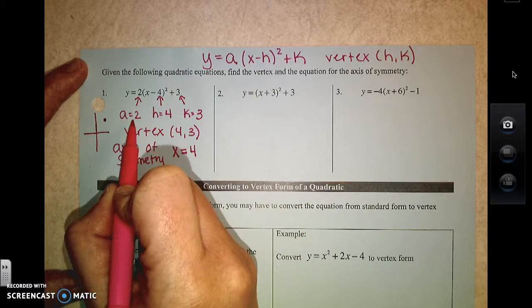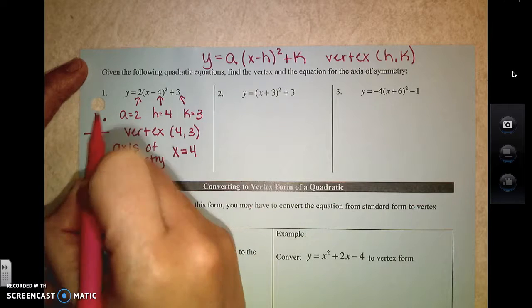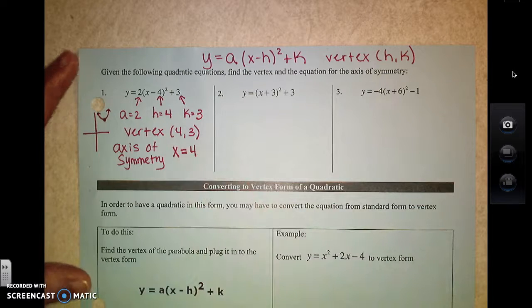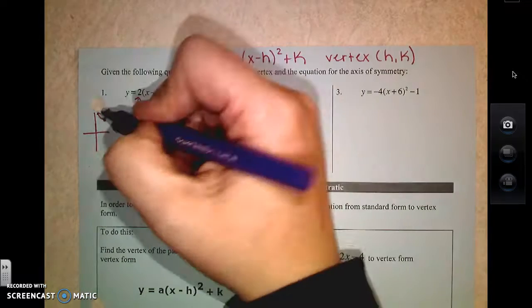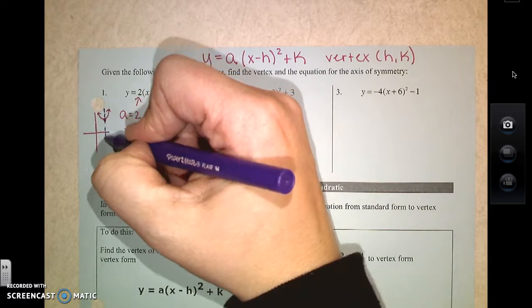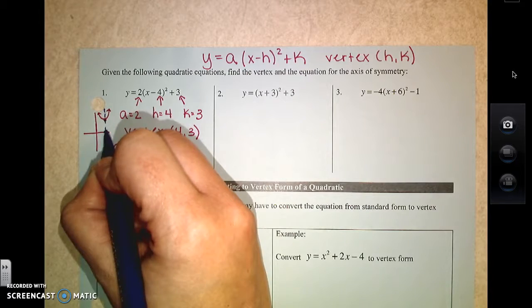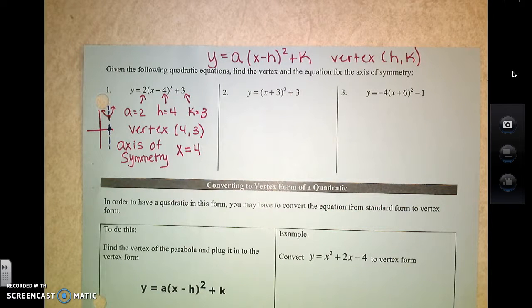Since a is positive, this would be like a smiley face, so it would go in this direction. This is just a sketch, of course. The axis of symmetry would be the vertical line through the parabola, and you can see that the x-coordinate of the vertex would be where this would hit the x-axis, so that's why it's x equals 4.